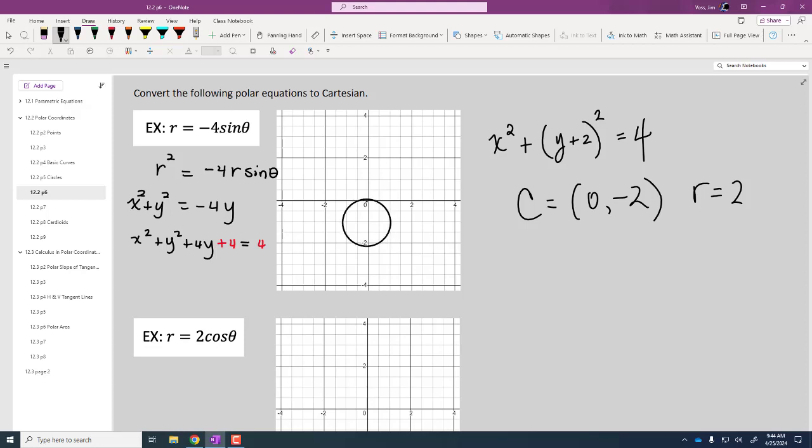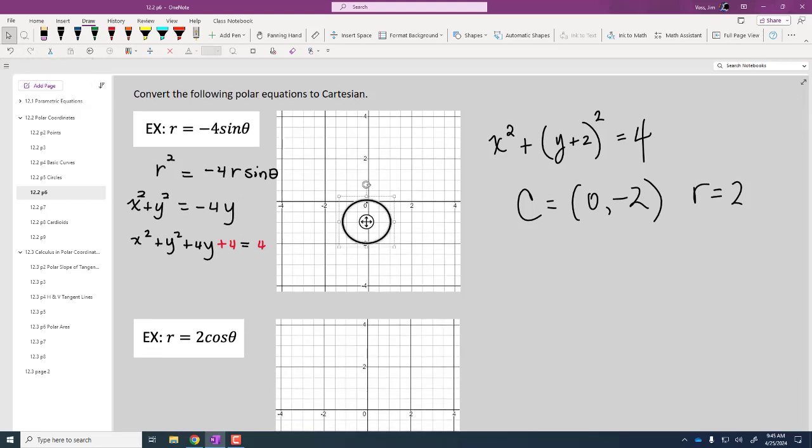That was better. Okay, so there we go. There's our circle of radius 2. That looks like a circle of radius 1. Good call. Let's make it... My drawing is so bad right now.